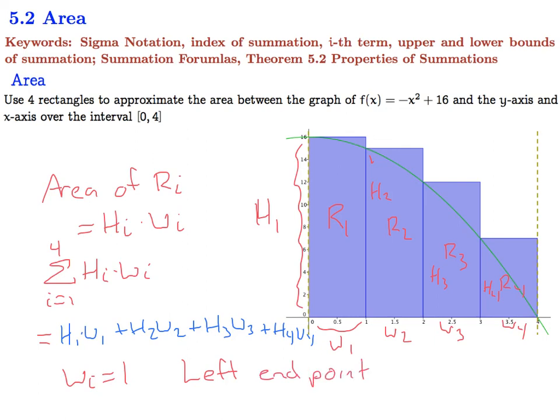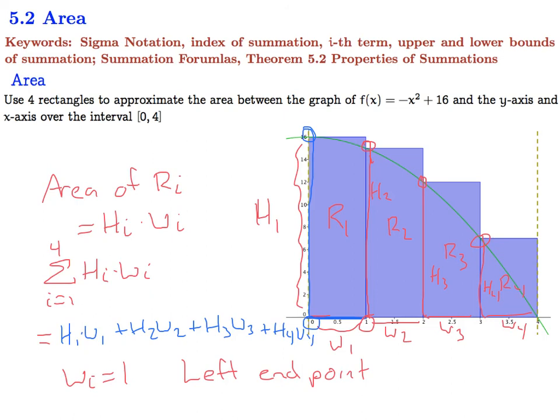So I looked at the base of my rectangle here, W1, and I had a choice, and I ended up using 0 for W1, and that's where I calculated my height, right here at 16. For the next rectangle, W2, I used 1, the left end point, to grab my height. Same for W3, I used the left end point, and for W4 I used the left end point again. So this is going to be my left end point summation.